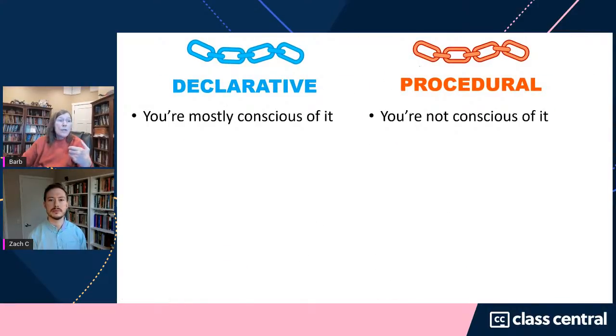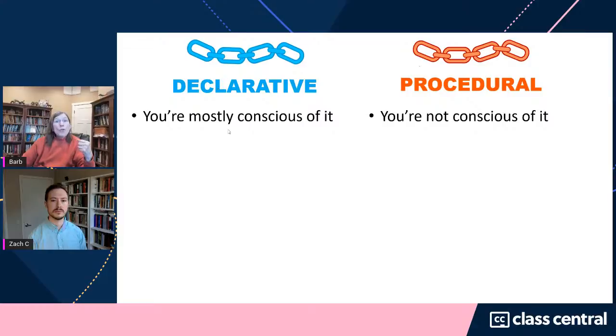With procedural learning, you're not conscious of it. So you may be able to solve a Rubik's Cube, but you're not really conscious of how you do it. You speak the complexity of your native language, which you've learned procedurally, and you're not conscious of how you do it. You may be learning a new language.